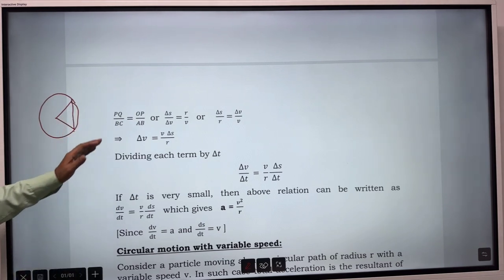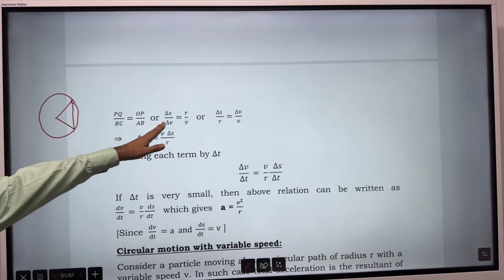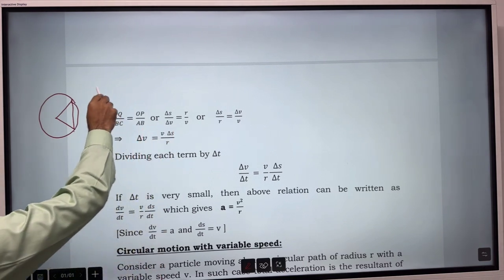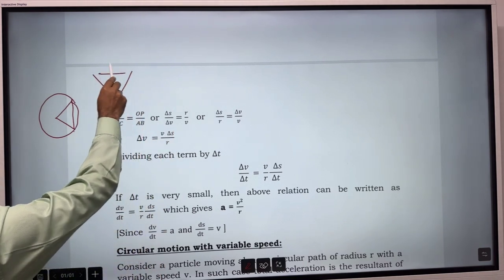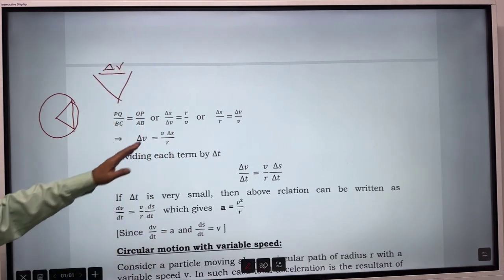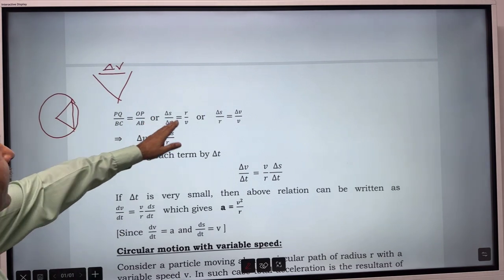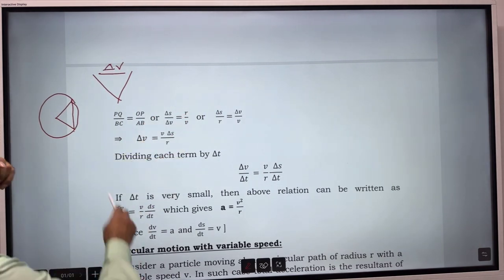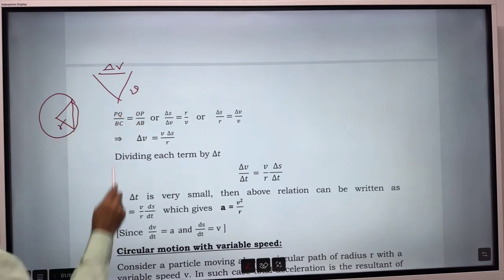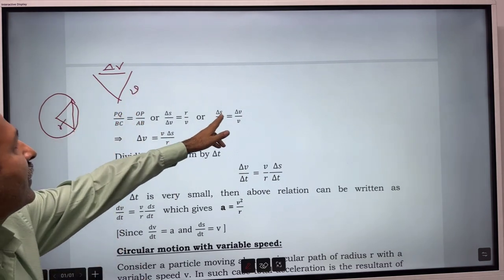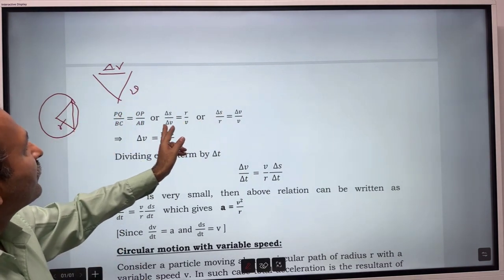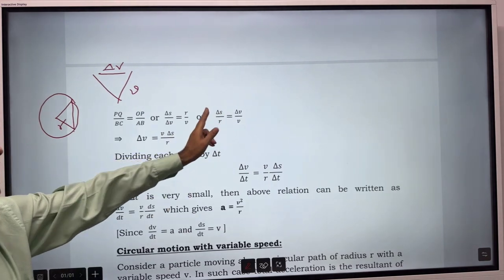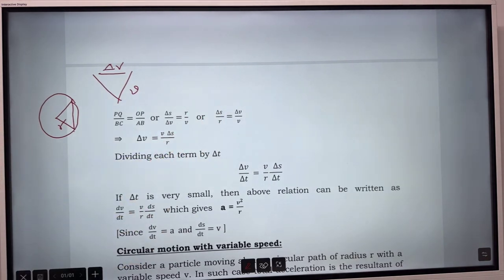So delta S upon delta V equals R upon V, or delta S upon R equals delta V upon V, or delta V equals V and delta S together.